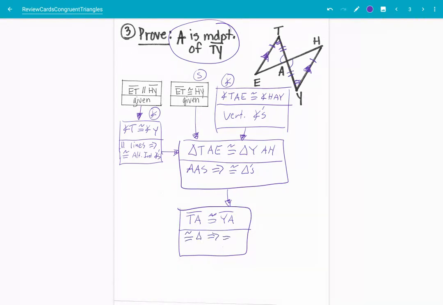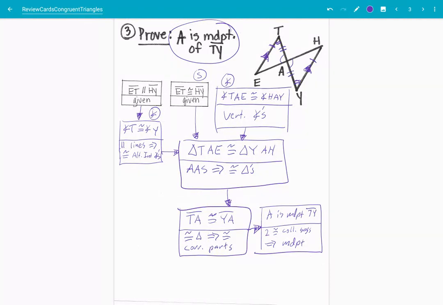So congruent corresponding parts. Always the one after congruent triangles. And then the last box is going to be the proof statement. A is the midpoint of TY. And that was two congruent collinear segments imply a midpoint.